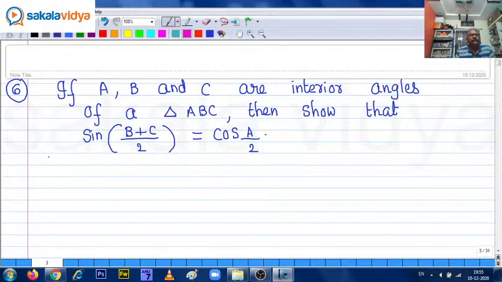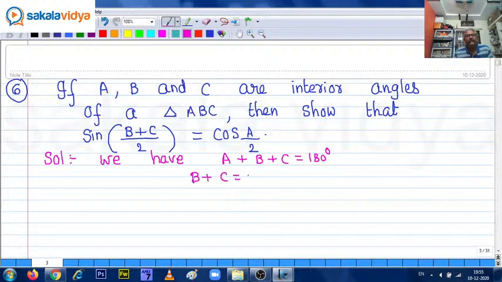So solution. We have A plus B plus C equals 180 degrees. So B plus C equals 180 degrees minus A. Divide both sides by 2.